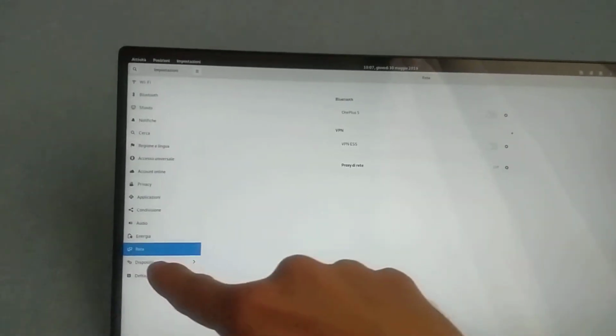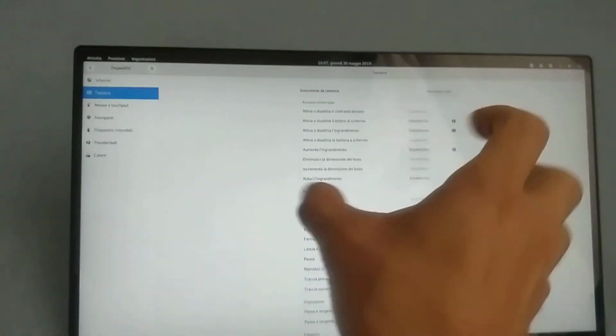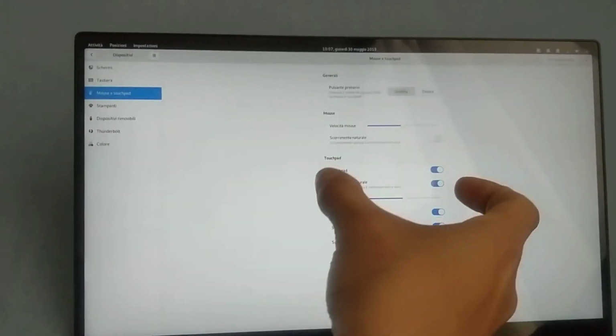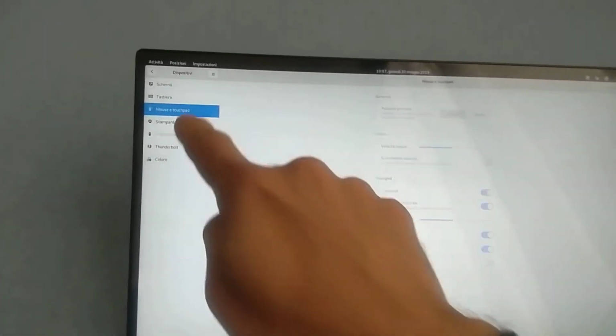Still quite narrow. Let's go on devices. Same width. So tiny. Just make it bigger. This is a full HD resolution. Make it bigger, please. Oh, look. You can fit like 4 of these on the screen. Very tiny.